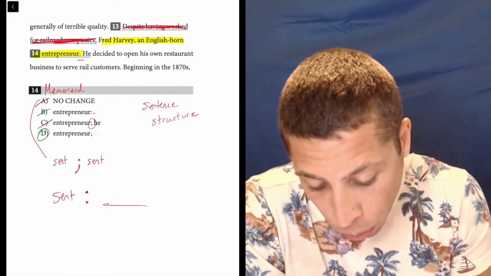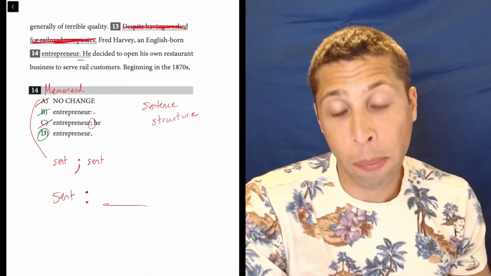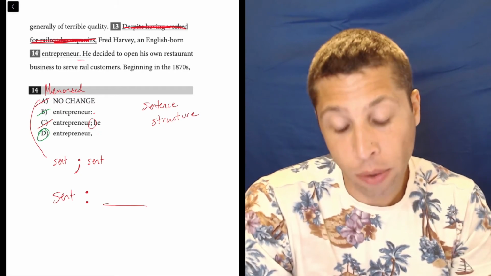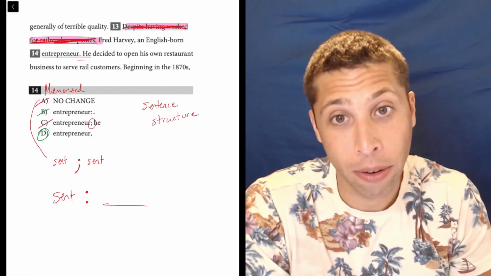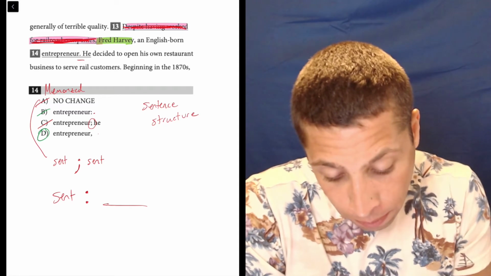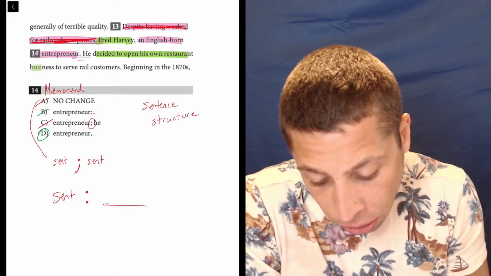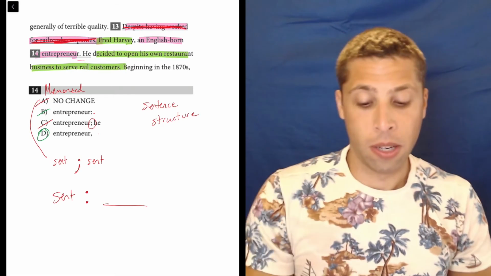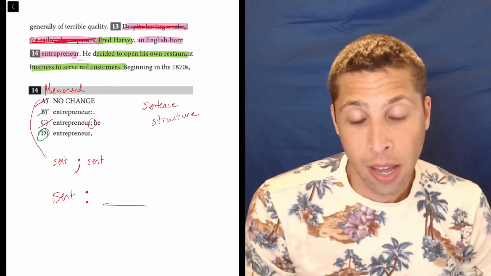So let me just show you what's actually going on here. Let me get rid of that highlighting and let me use green to represent the actual sentence and then red to understand the extra thing. Red we've already seen, I've crossed it out, but that's all an extra piece that's attached. Fred Harvey, an English-born entrepreneur, decided to open his own restaurant business to serve rail customers. I left out the he because notice choice D is leaving out the he as well.